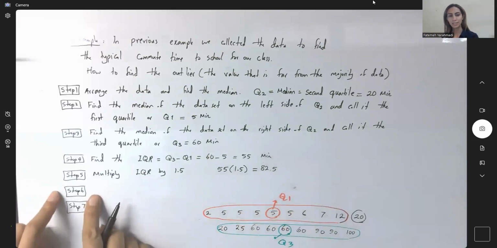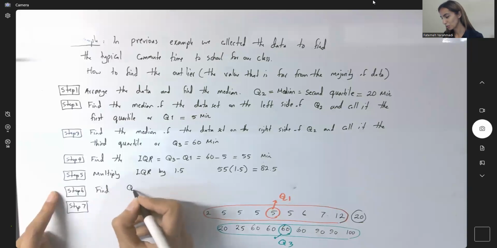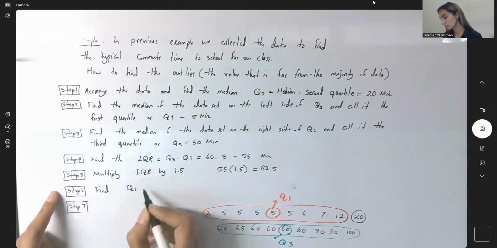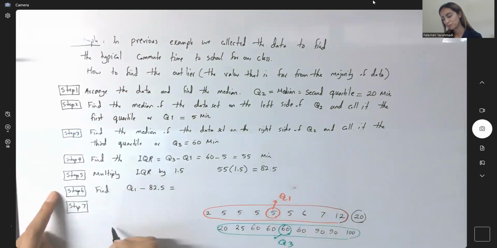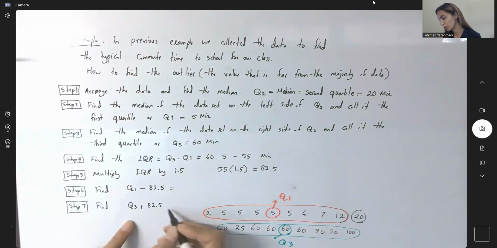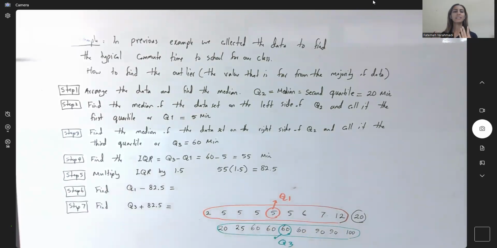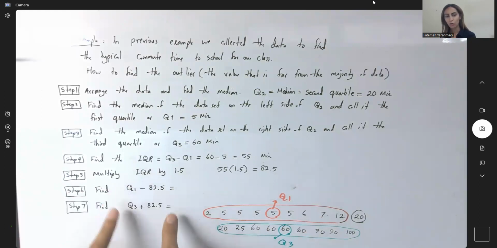In step 6, you need to find Q1, the first quartile, minus this number, 82.5. And in the last step, you need to find Q sub 3 plus 82.5. Any number less than step 6 or any number more than step 7 is going to be an outlier.